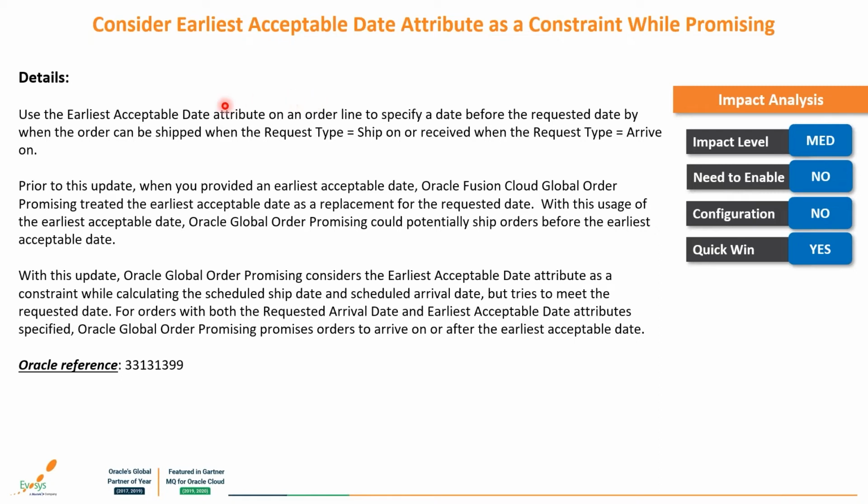So from 22A onwards, we can use the earliest acceptable date. So when the request type is, in this case, arrive, whatever you mention in the earliest acceptable date means that by this time you would be able to accept the shipment which is arriving at your warehouse. So Oracle then considers the actual shipment date based on the earliest acceptable date attribute as well.